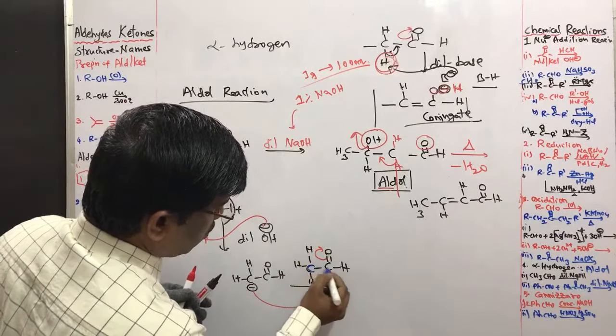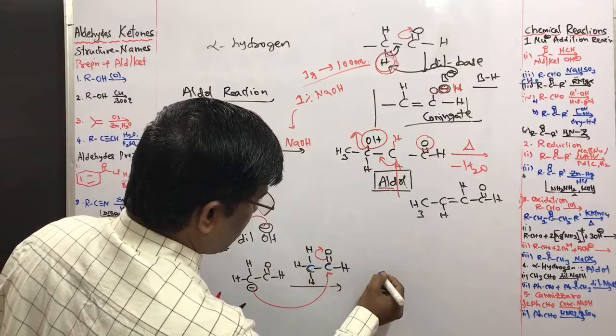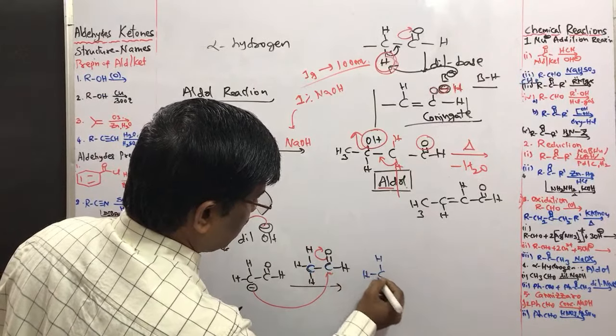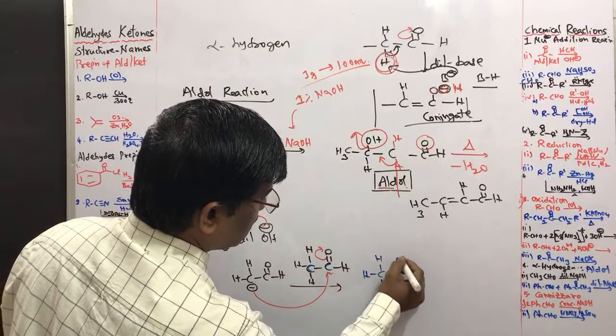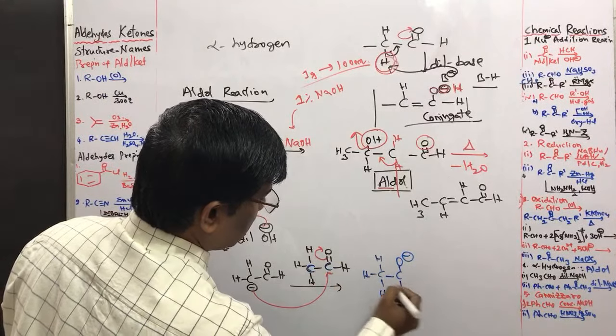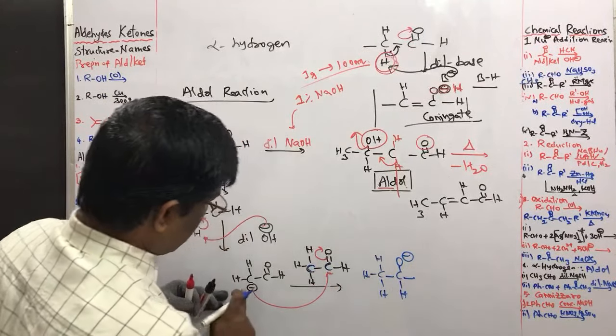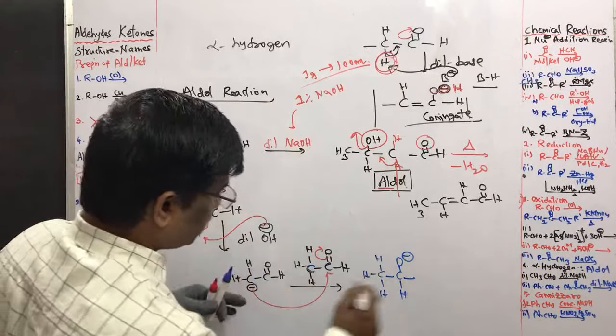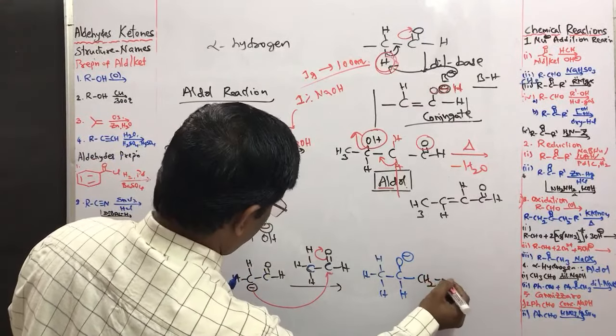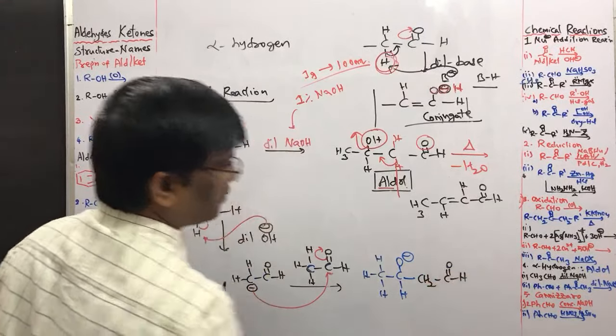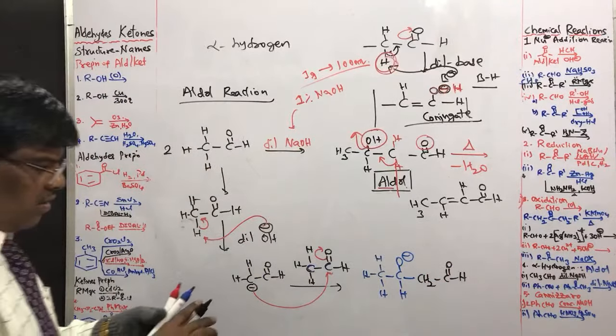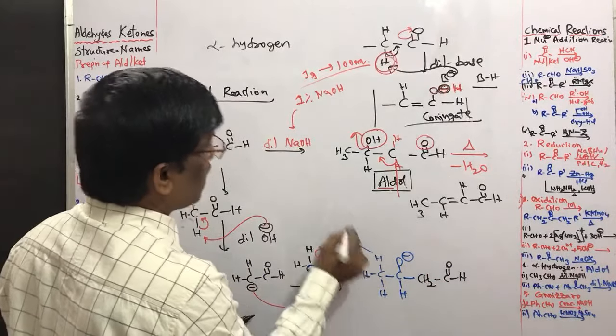so let me take this blue color carbons, to form this, O minus, and this hydrogen let me write down, and this is CH2 and CHO. Yes, so in solution it is done in aqueous solution.